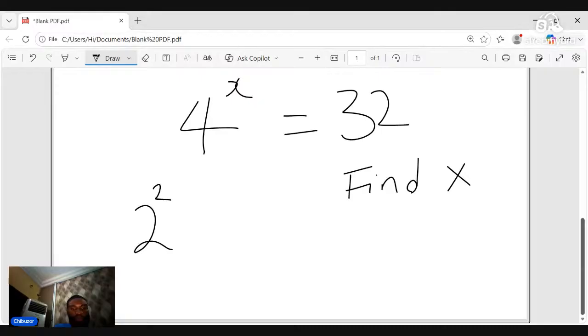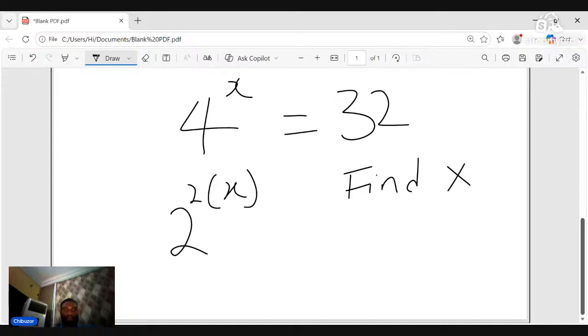We now say 2 raised to power 2. This 2 raised to power 2 is equal to 4, right? That is 2 times 2 is equal to 4, right? Now say 2 raised to power 2 in brackets x, because 2 raised to power 2 is equal to 4. This thing now is the same thing as 4 raised to power x.